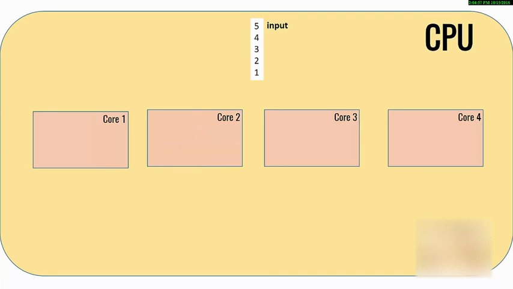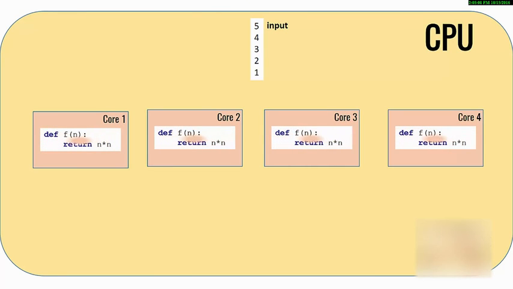So let's say you have input, you have 4 cores, and somehow if you can deploy your code on all the cores, and then let's say if you can divide your input between all these cores. So here I have 1 2 3 4 5, so I just divided all the numbers between the cores. I have more numbers than the number of cores, so this guy is getting 2 numbers. But essentially you are dividing the work equally between all these 4 units.